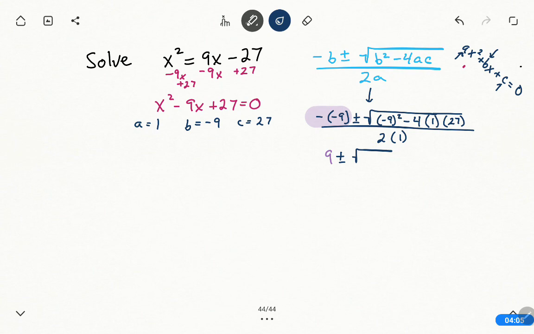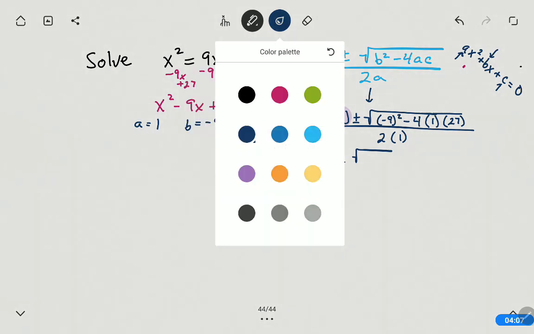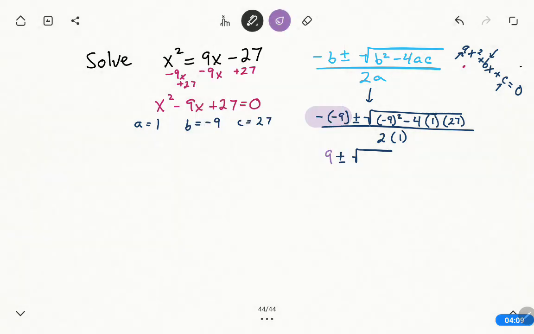The second thing I deal with is I type the stuff underneath the radical into the calculator. The reason why I just do the stuff underneath the radical and not the radical itself is because, depending on how the calculator works, the particular calculator that you're using can throw things off if you're not 100% sure on how it works.